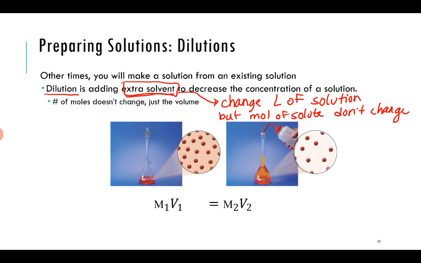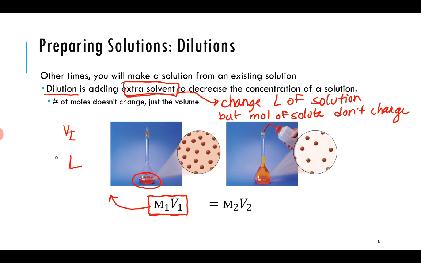So if we look at the units here, I have something that's going to help us calculate how many moles of solute we started with. In this flask right now, we have a certain volume, which is often measured in liters. That's my V1. You can write I for initial.